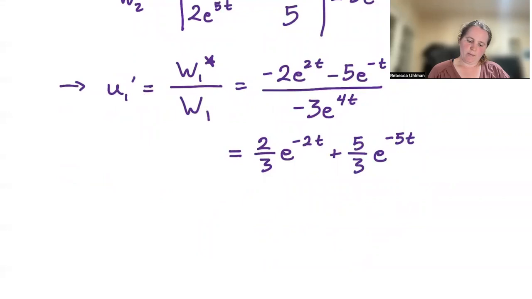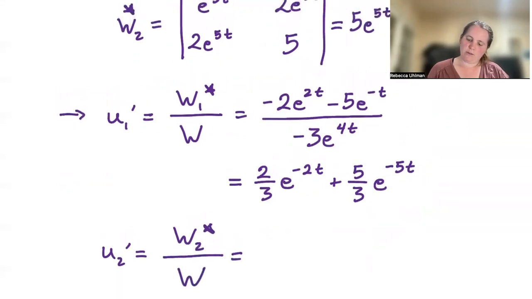Oh, sorry, the top one should have been W1 star divided by W. Our U2 prime, we have W2 star divided by W. W2 star was 5e to the 5t minus 4e to the 8t.